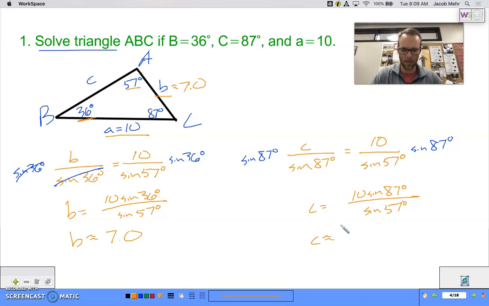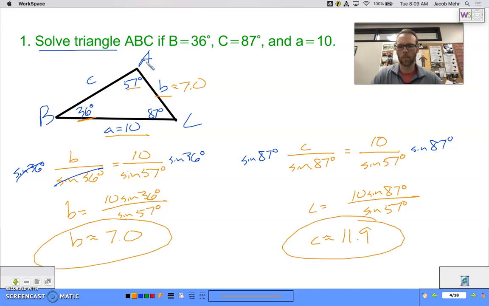Now let me type it in. 10 sines of 87 over the sine of 57, and we get about 11.9. And we have just solved that right triangle. So that's one example about how the law of sines works. I'll stop the video now and then we'll learn some more about it in the next video.